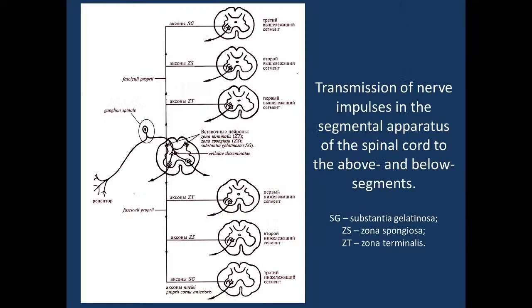As you see here, take an example that we have a stimulus here. This is one segment. Then the impulse comes from this level, and goes 3 segments up and 3 segments down.